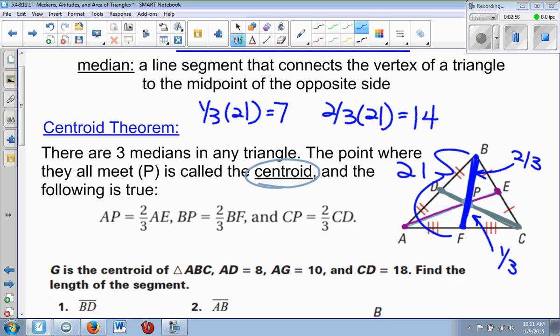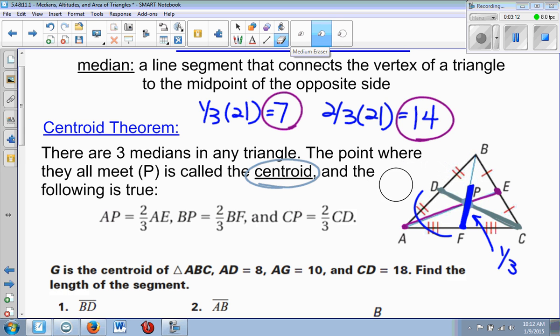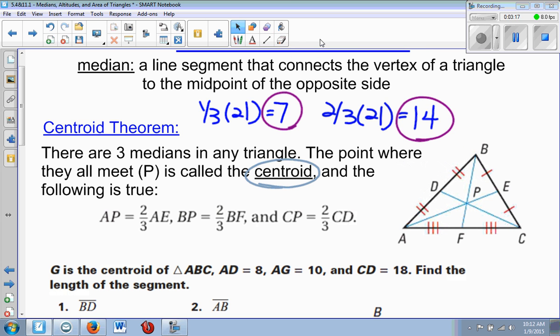The other relationship, if you look at the two values we just found, is that the small part of the median is half of the large portion, and the same way the other way around, the large portion is twice the small portion. So if I gave you certain pieces, you would be able to figure out the entire thing. For example, let's take one of the other medians.